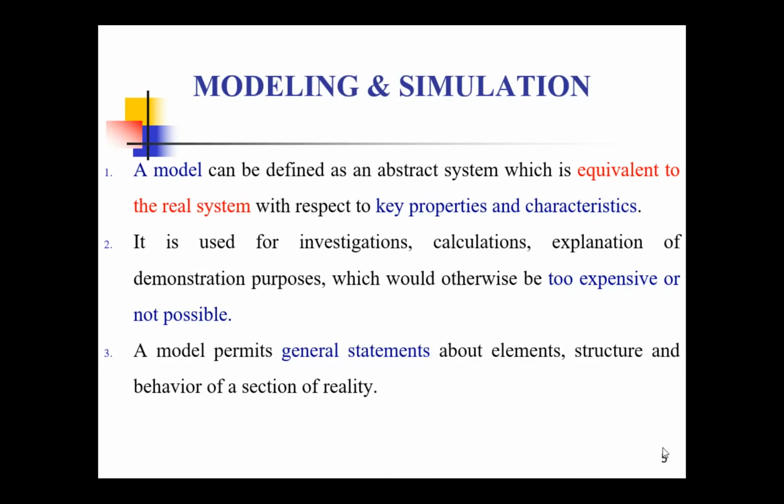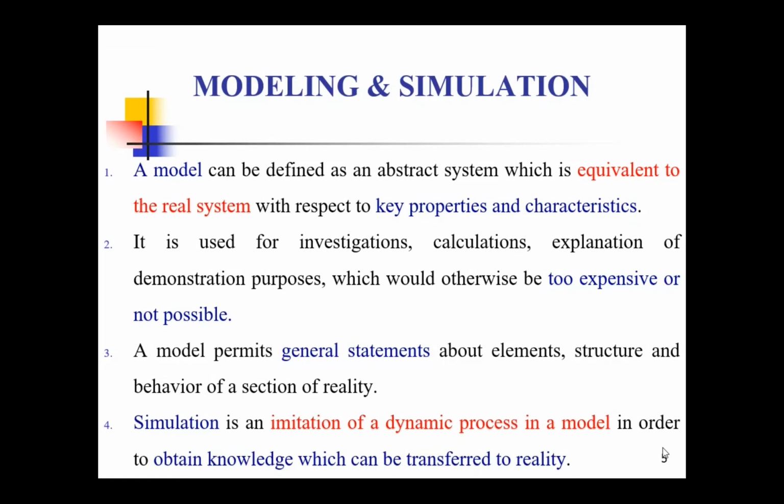In real-time conditions, in an experimental process, how the system behaves, the similar system is incorporated in the finite element simulation models also. And the final thing is simulation. So far what you have seen is about the model. A model is equivalent to a realistic system, used for demonstration purposes and for calculations, and it has some general statements about the element structures and behavior.